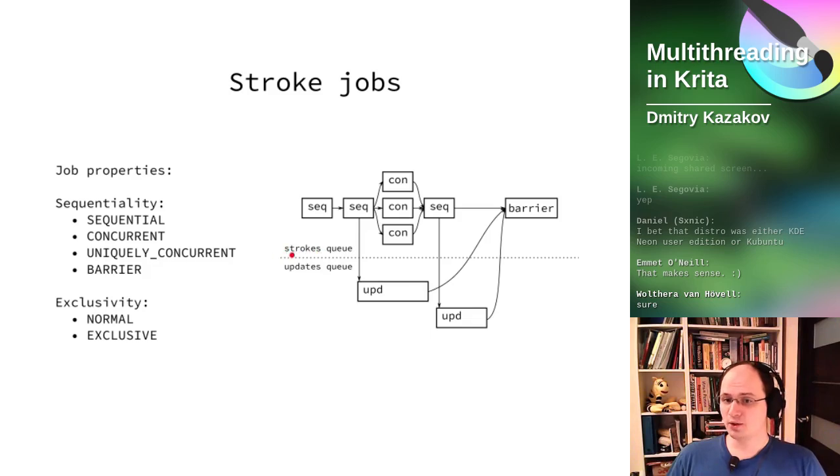And here you also can see this border line between the strokes queue and the updates queue. You can see that neither sequential nor concurrent jobs care about updates. So updates will run in parallel to these types of jobs.